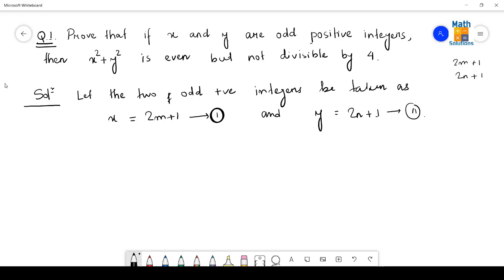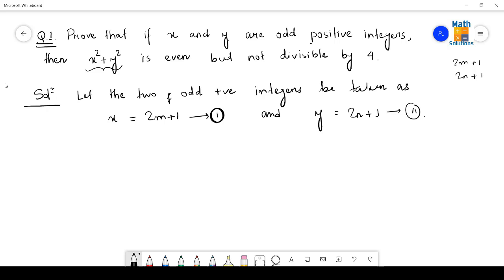After this, we have to find out the value for x square plus y square. Ultimately we have to determine whether x square plus y square is even or not, and whether it is divisible by 4 or not. Let us check it out.